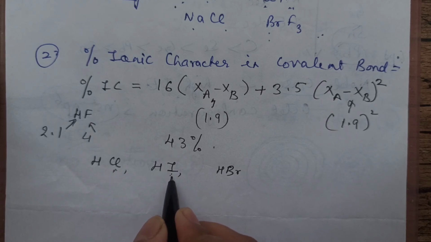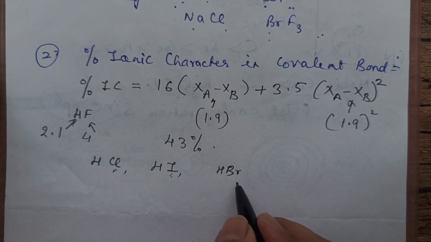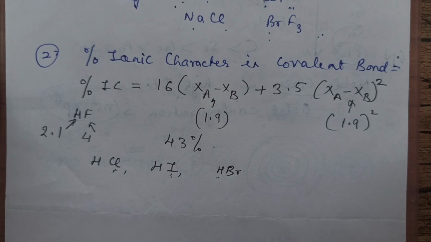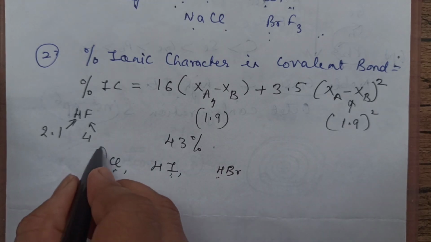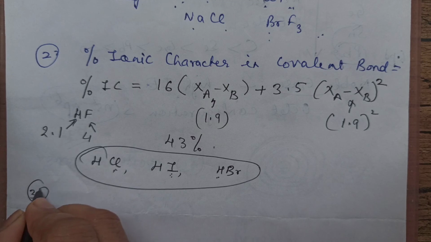For iodine it is 2.5, and for bromine it is 2.8, right? So we know hydrogen is 2.1. Check the difference and calculate it. You can try this out on your own, calculate the percentage ionic character for these 3. So you can calculate for any compound using this formula.